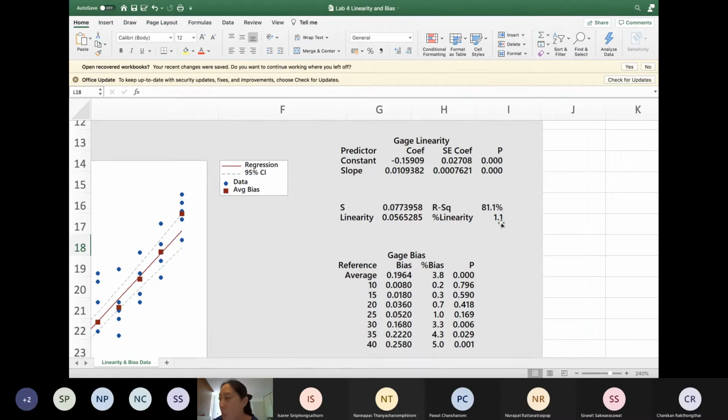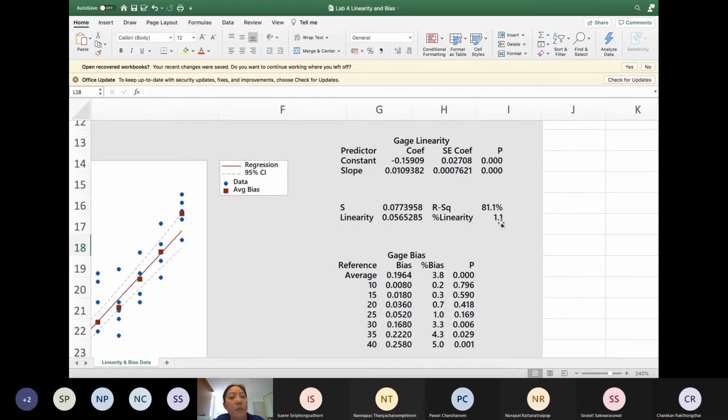Because the percent linearity is less than 5% I guess, it is acceptable, I'm not sure. Good, but do not miss one thing: you have to be clear that the percent linearity of 1.1 is less than the acceptance criteria of 5%. You have to tell the numbers also. Good.